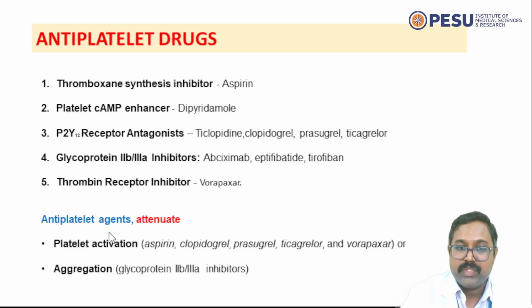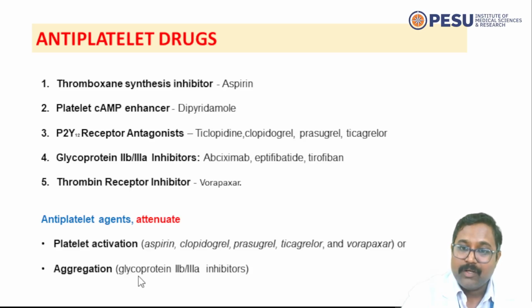And how do they act? This antiplatelet agent will decrease or attenuate the platelet activation. As you know, platelets are responsible for aggregation, so these drugs will decrease the platelet activation. Aspirin, clopidogrel, prasugrel, ticagrelor and vorapaxar will decrease the platelet activation.